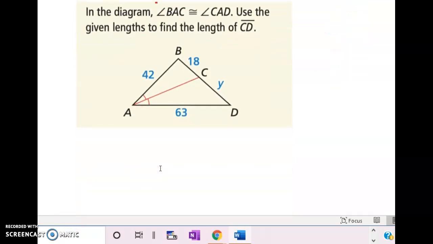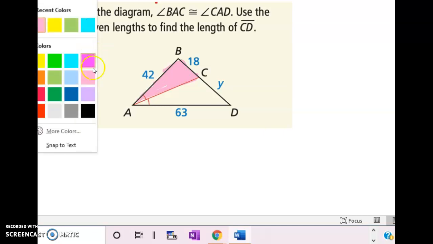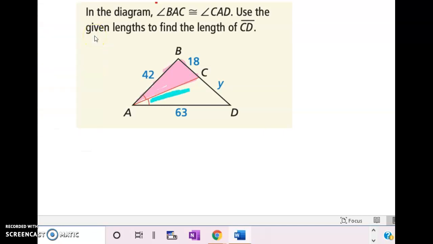Okay. In this particular case, they have given us that BAC is congruent to CAD. That means it is again cutting it into two triangles. I can color code them. Okay. Let's take this color.